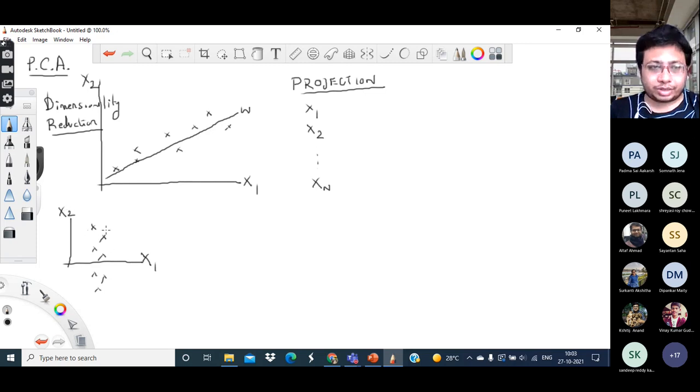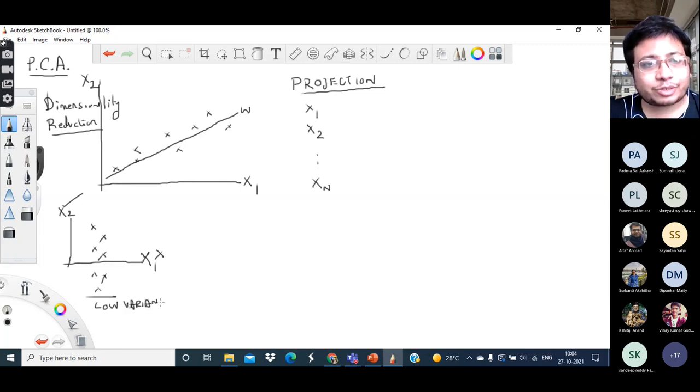Now if this is the way the data is distributed in the space defined by the attributes, then, as we discussed in the last class, x1 is not useful and x2 is useful. The reason given was that there is very low variance along x1. That is to say, for all the data points, the x1 value is nearly the same.